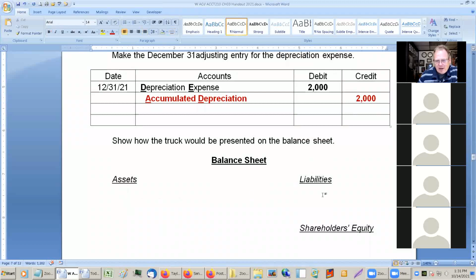So on the balance sheet, you're going to have your liabilities and shareholders' equity and all this kind of stuff. But somewhere in here, you're going to have this equipment for 20,000. And then you're going to have accumulated depreciation, which subtracts out 2,000 of it.